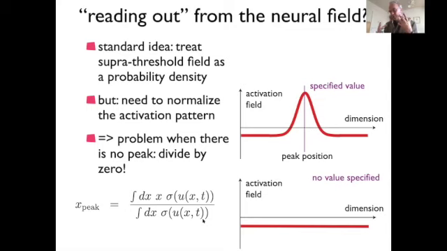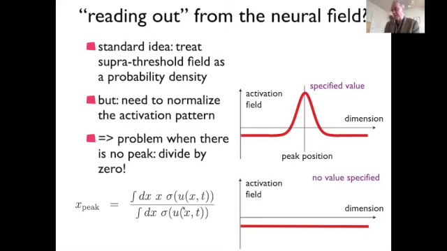And so based on these kinds of ideas, people have thought that neural representations are read out by using probability densities that are neurally represented to read out the estimated value. There's a problem with that, and that's the problem I'm hinting at here, the normalization problem: what if you have no peak because you have no sound source?